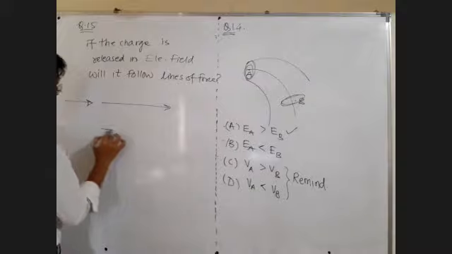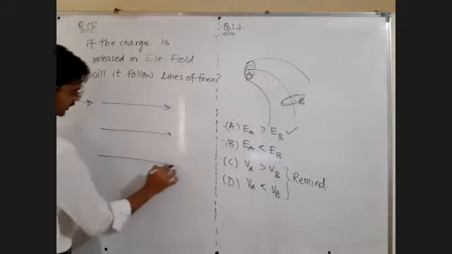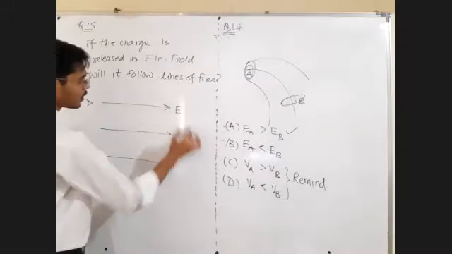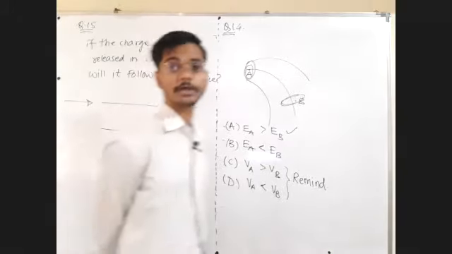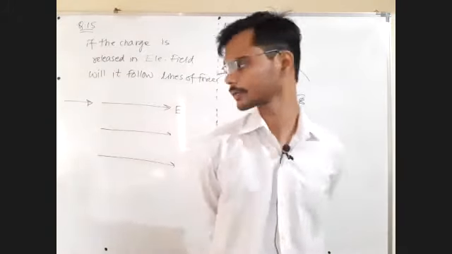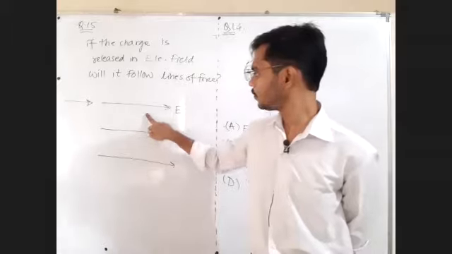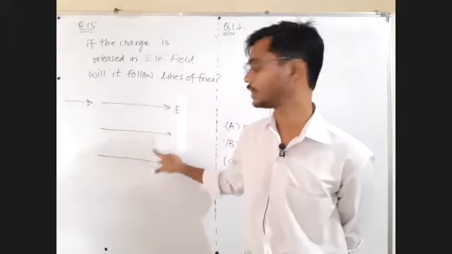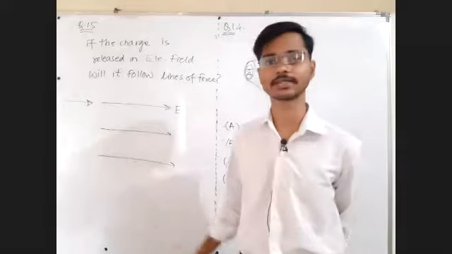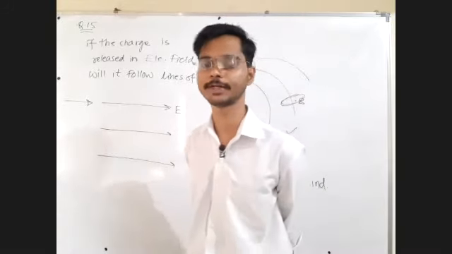Let us take electric field lines like this. Now, what is the meaning of this kind of electric field? There is a particular name. Can you recall that? Equidistant. Distance between these two, distance between these two is the same. Equidistant parallel straight lines represent which kind of electric field?